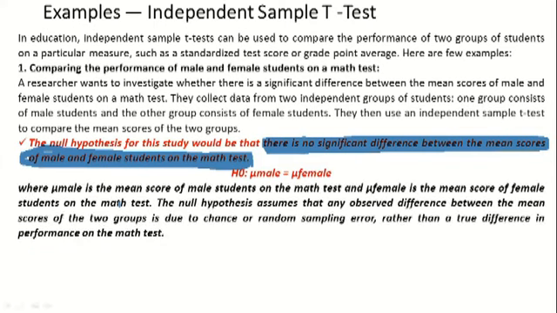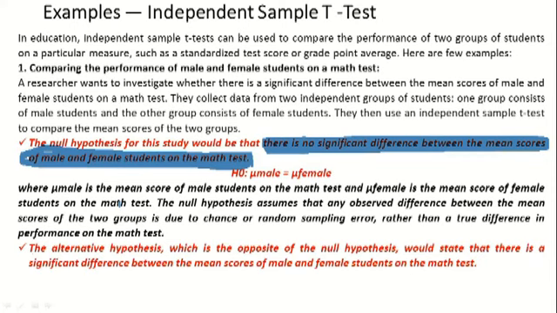And the null hypothesis in this case will state, there is a significant difference between the mean score of male and female students on the math test. That will be an alternative hypothesis.